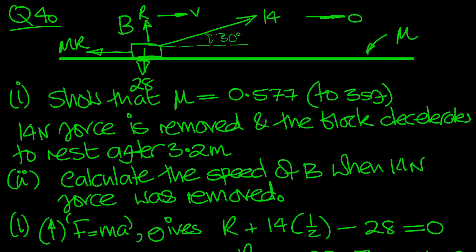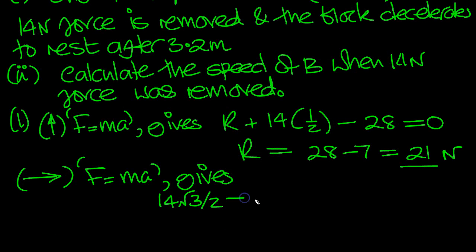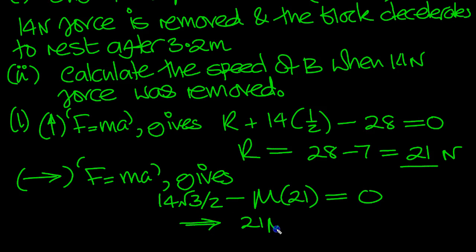So that's that force, 14 cos 30, minus mu times R, which is 21, is equal to 0. So that tells us then that 21 mu is equal to 7 root 3, isn't it? Because one of the 2 will cancel top and bottom.